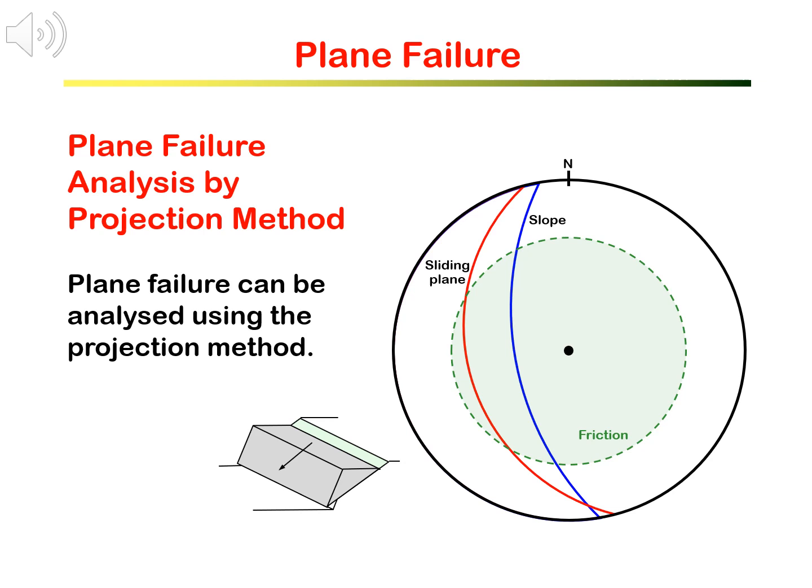From the analysis by projection method illustrated here, plane failure will occur since both conditions of plane failure are satisfied in this case. We will learn about the projection method and the slope analysis using this method in a later session.